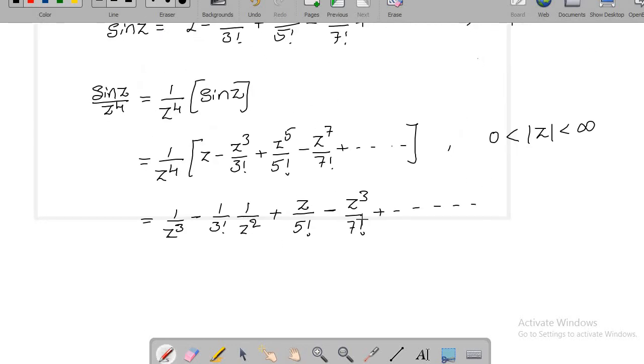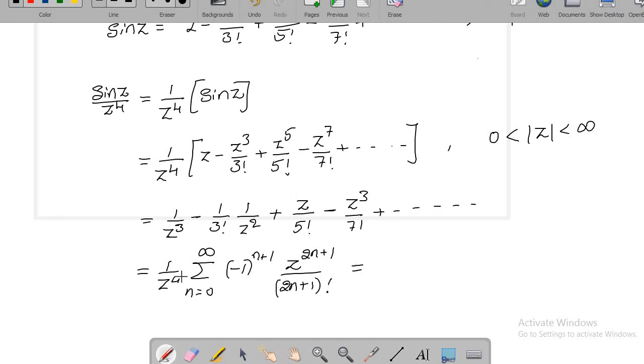Now you see we have infinitely many terms in the analytic part. This is the analytic part. In the other part you have only 2 terms. Now this is the Laurent series expansion of the given function, and let us write it using summation notation. This is actually 1 by z power 4 into summation n equal to 0 to infinity, negative 1 to the power of n plus 1 into z to the power of 2n plus 1 by 2n plus 1 factorial.